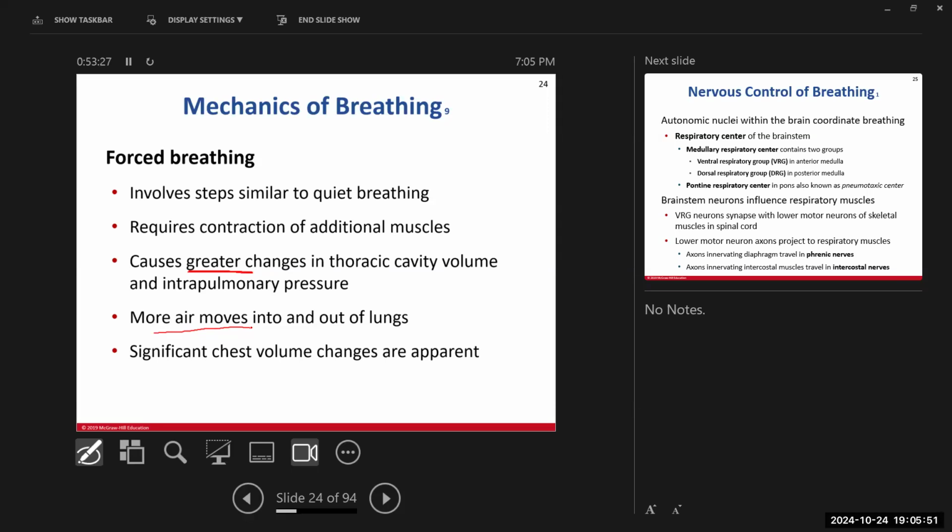So that's what we're talking about here. Increase the pressure gradient by increasing the thoracic volume changes, then you're going to increase airflow movement. Another reason why we do the circulatory system chapter before this chapter: to teach you that concept.